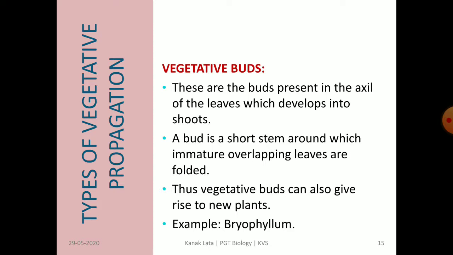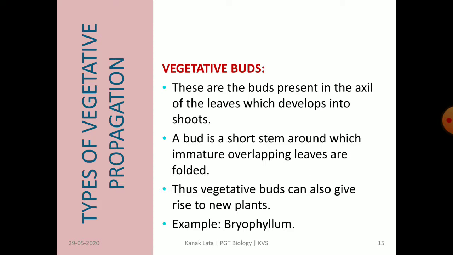Another mode of vegetative propagation is by vegetative buds, which are present in the axil of leaves. These buds develop into shoots. Actually, a bud is a short stem around which immature overlapping leaves are folded.